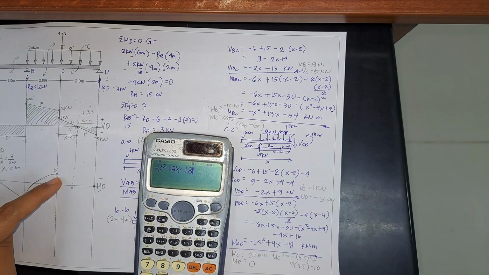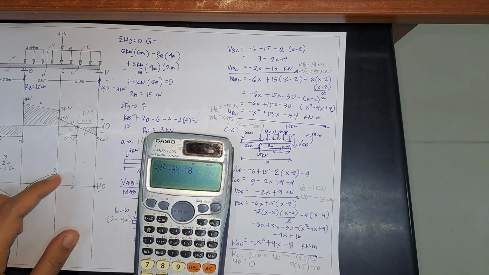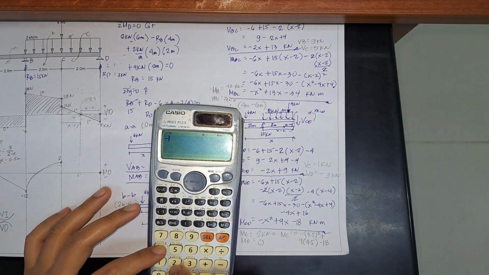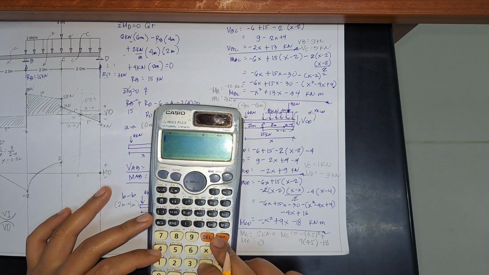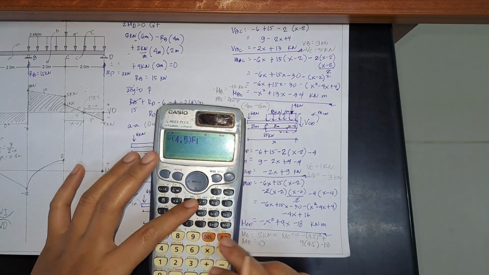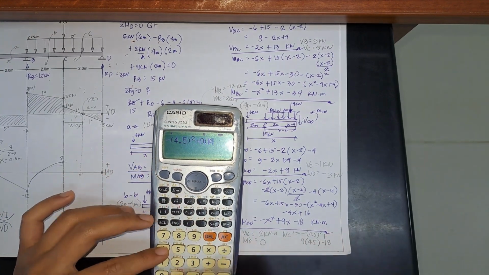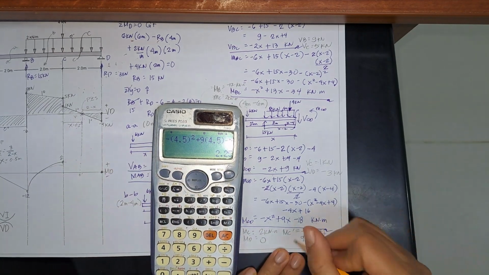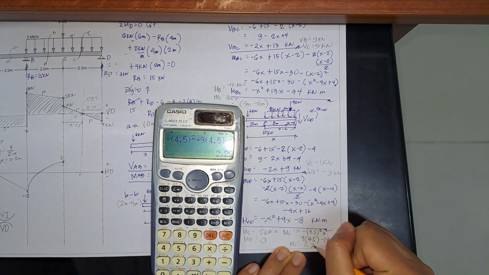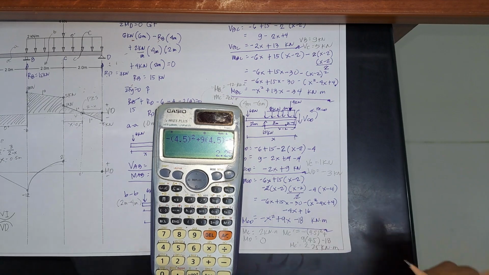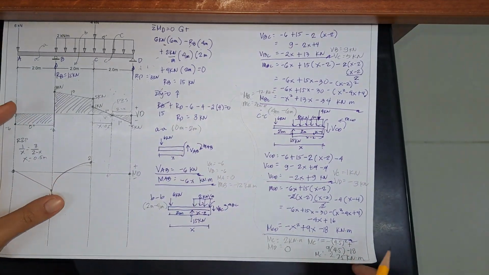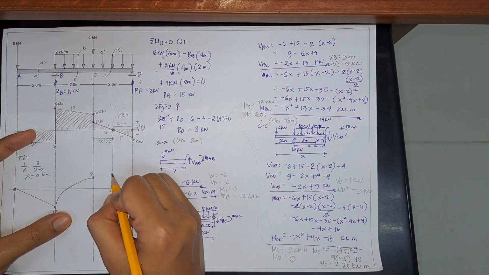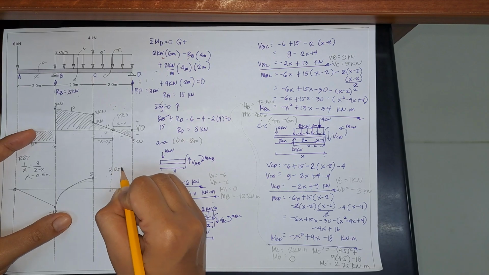So dapat mas mataas siya sa 2 para masabi natin na maximum moment. Okay? Dapat yung makuha nating sagot is mas mataas sa 2. Okay, so we have a value of 2.25 kilonewton dot meter. So from this point, mas mataas siya, naging 2.25.